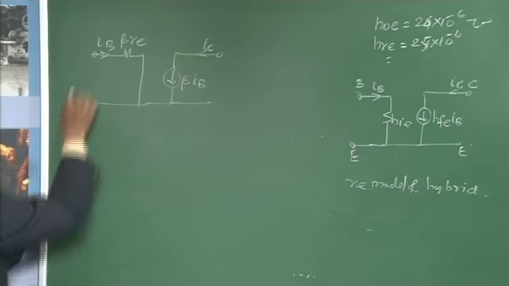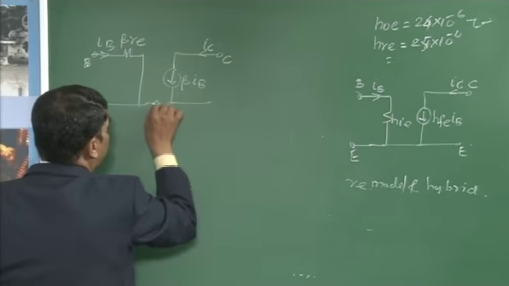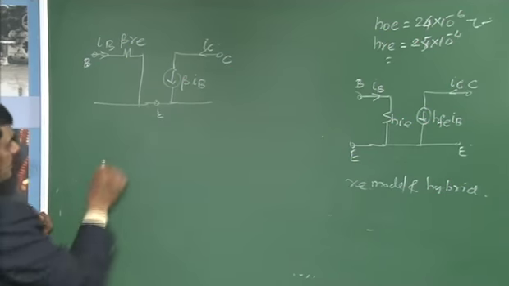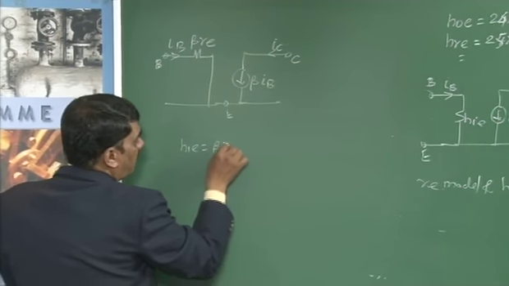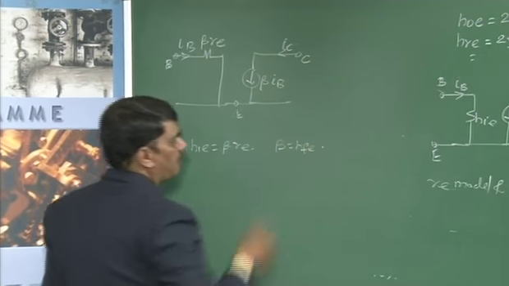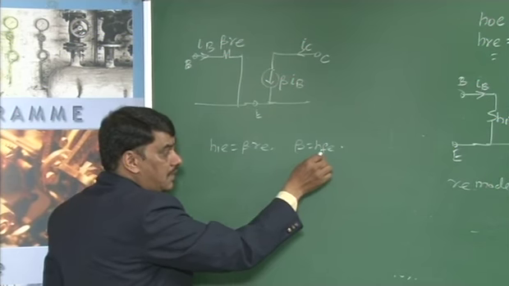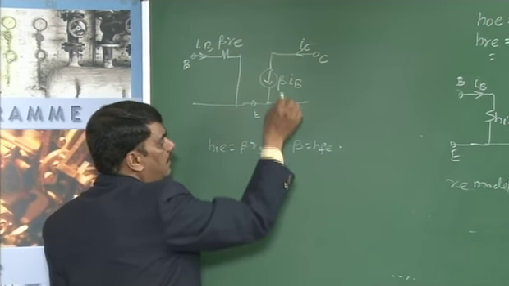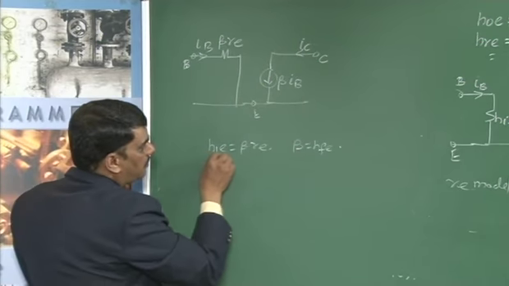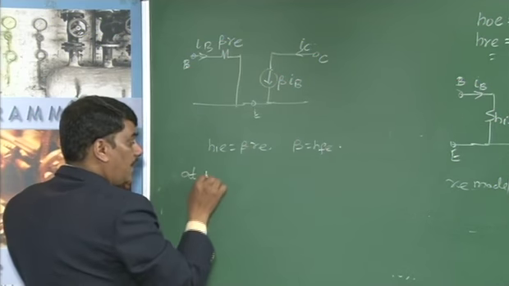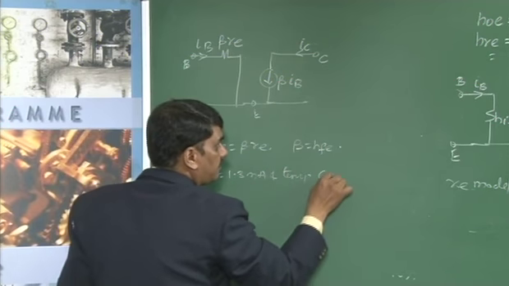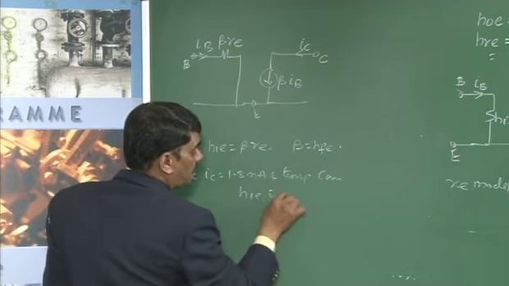If you observe these two circuits, the RE model and the simplified hybrid model, the resistance HIE is equal to beta times RE, and beta is equal to HFE, the short circuit current gain, where beta is the ratio of collector current to base current IB. Another important thing is that HIE is equal to beta times RE at IC equal to 1.3 milliamperes and constant temperature. This HIE is also constant.